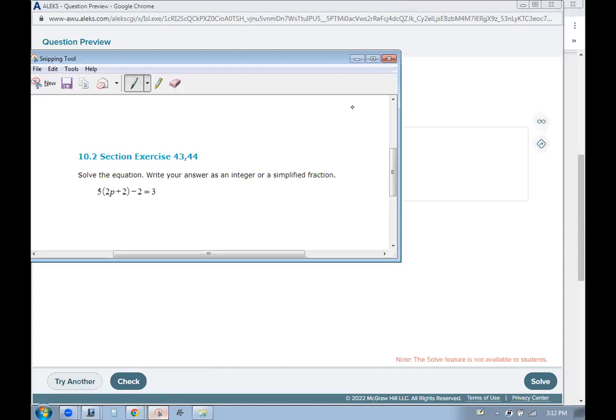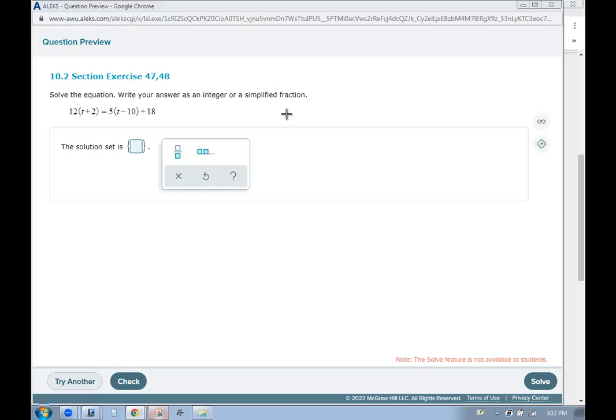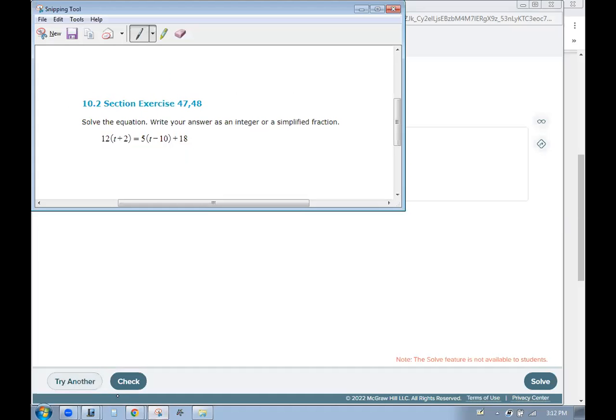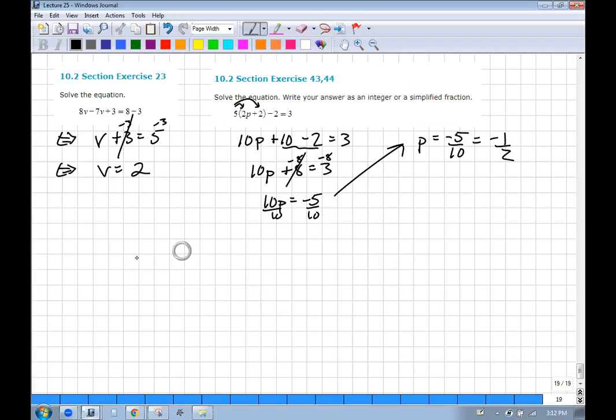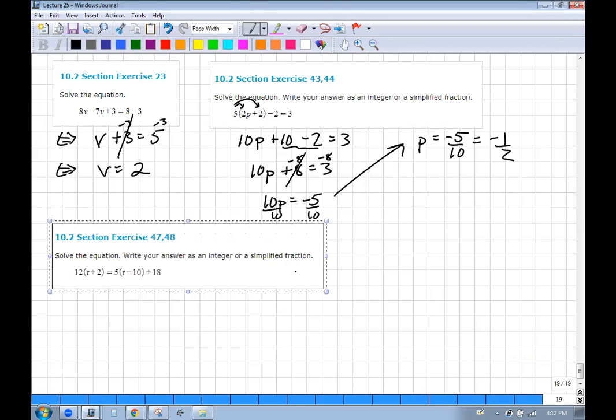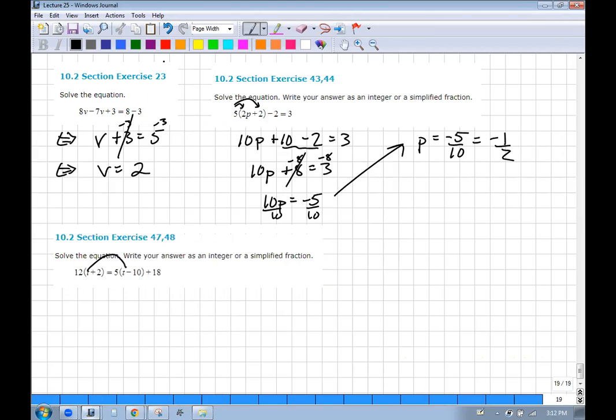Okay, let's see here. We have t's in two different places, so we need to get all the t's together. First, let's get rid of these parentheses. If I distribute this 12, I got a 12t and a 24.